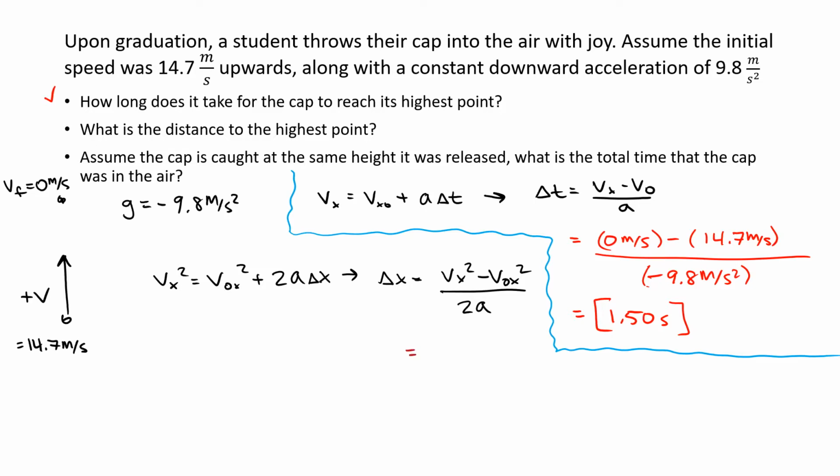Squared minus initial velocity, 14.7. So ultimately we will get, yeah, I don't have any of the middle steps of this.